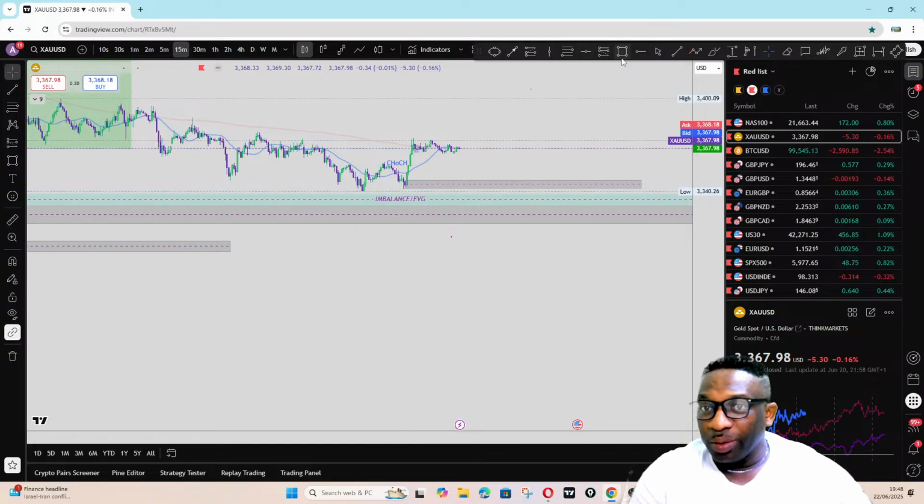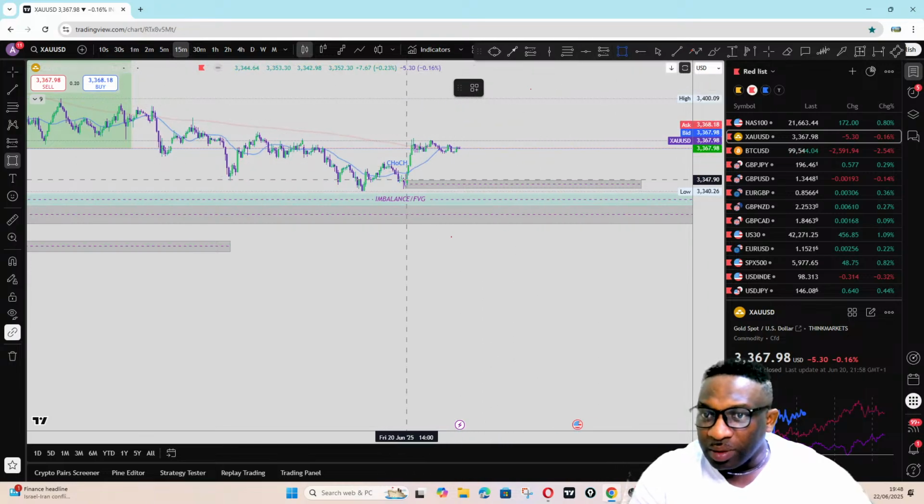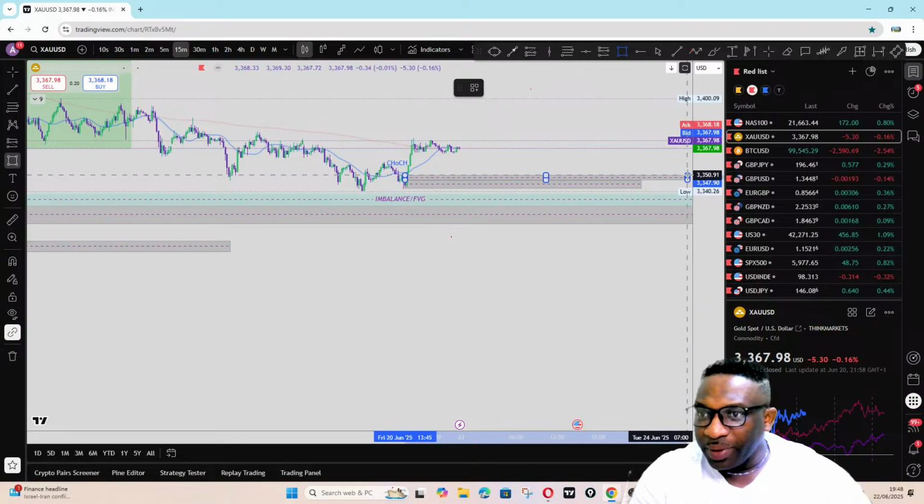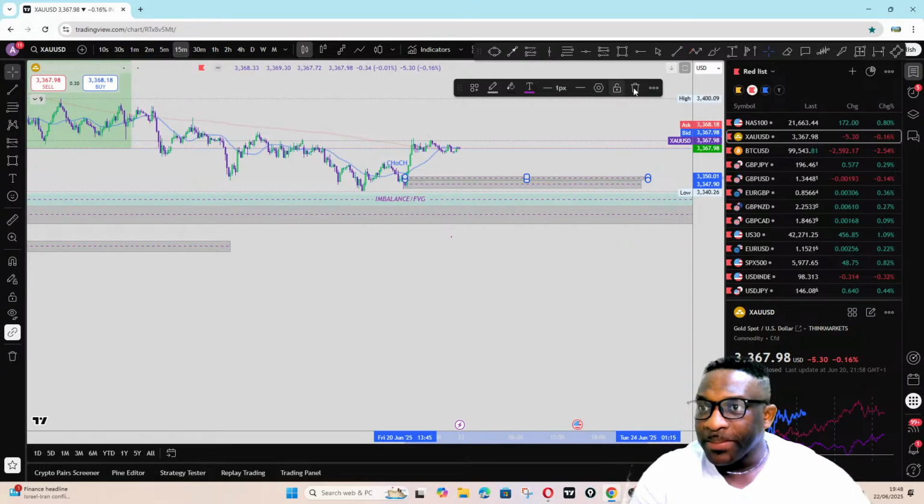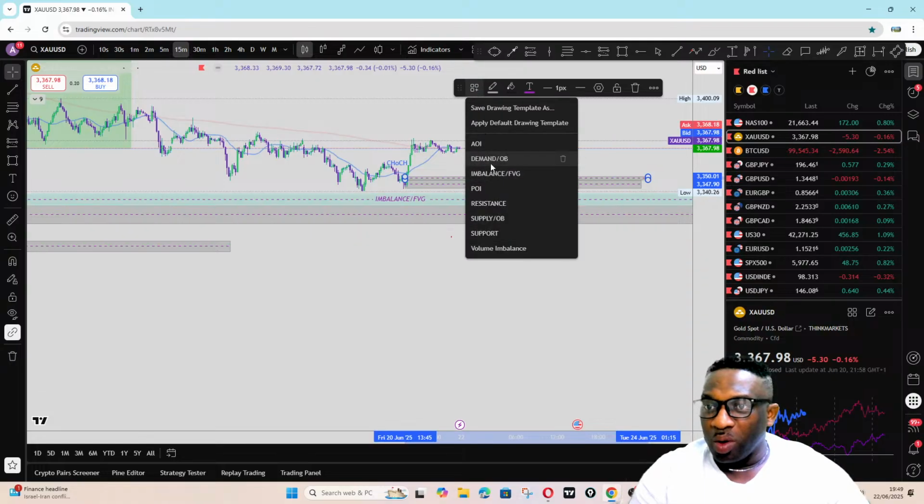So currently on the smaller time frame, this is what we are seeing. So identify an area of imbalance as well. But whatever you identify on the smaller time frame, you have to bear in mind that the higher time frame carries more power than the smaller time frame.